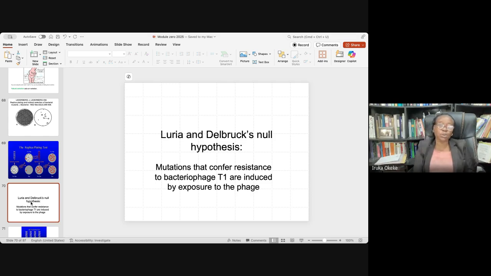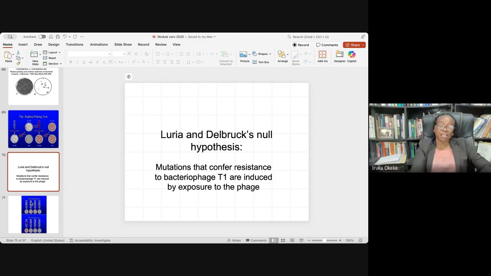Now, what's interesting is that although the scenario and the question were the same, the way they approached the question was completely different. Luria and Delbruck felt that if the bacteriophage were causing the bacteria to become resistant, then if you had, say, a liter of culture, and you split that liter up into 100 ml aliquots, each of those aliquots should give you the same result on exposure to the bacteriophage.